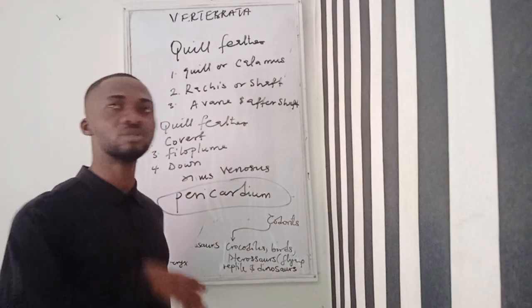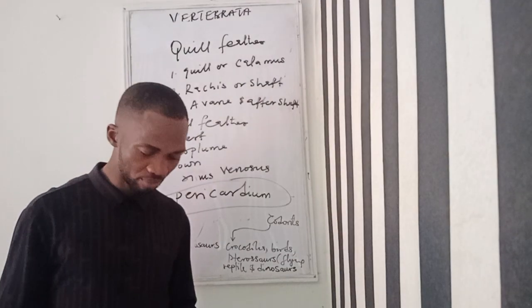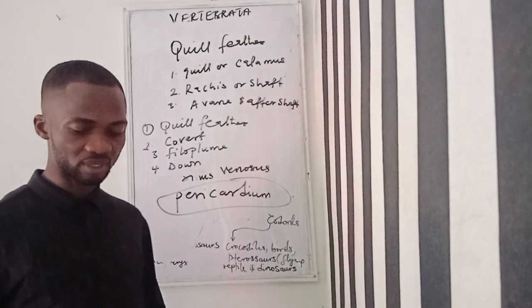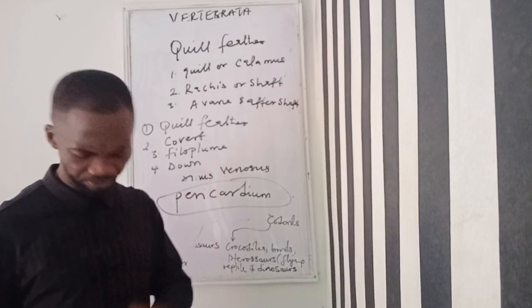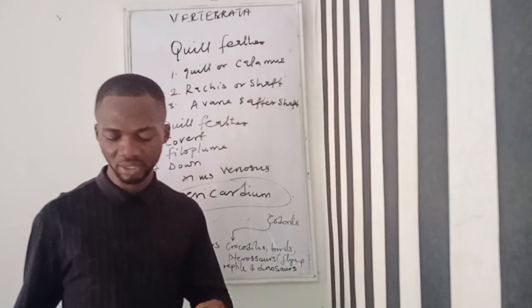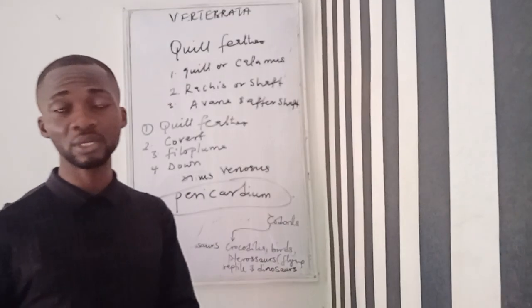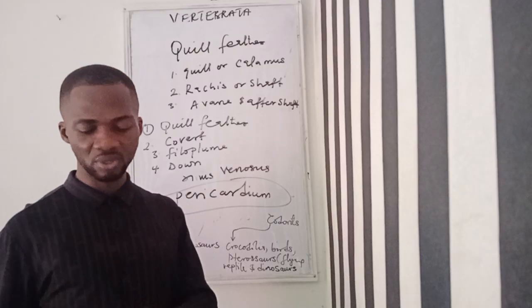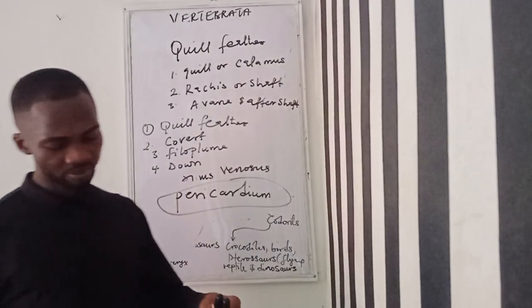This diaphragm separates the thoracic and the abdominal regions. They also have ribs that protect the thoracic cavity and assist in respiration.